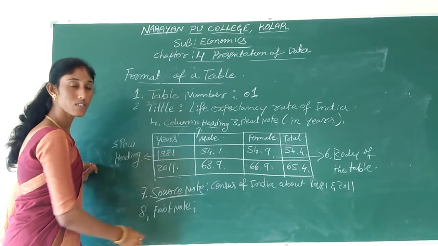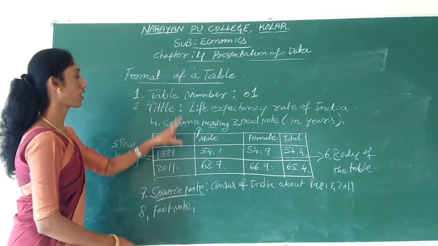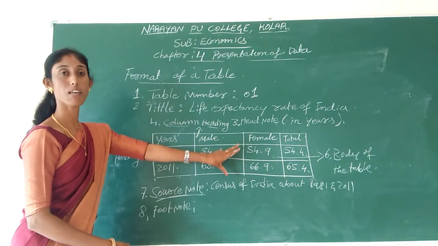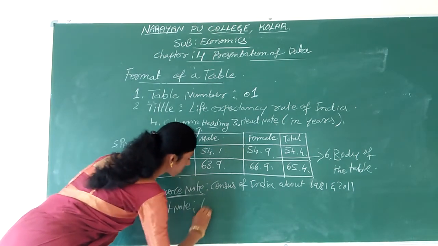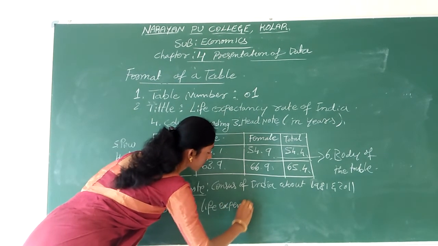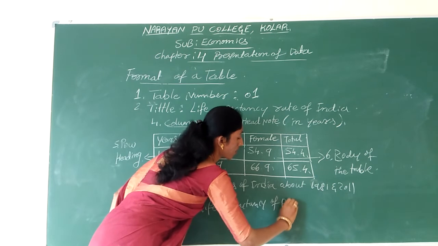We will give a short conclusion. Like if we are presenting the life expectancy of the people in the table, then the conclusion is about the life expectancy of a people.